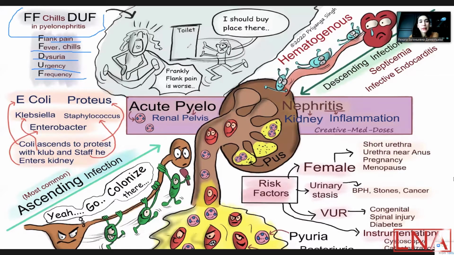All these signs are significantly associated with pyelonephritis, and you can look at this picture. It can be the ascending way, but it can also be by hematogenous and lymphatic spreading. Descending infection by the hematogenous route occurs in case of septicemia, infectious endocarditis, and sepsis.